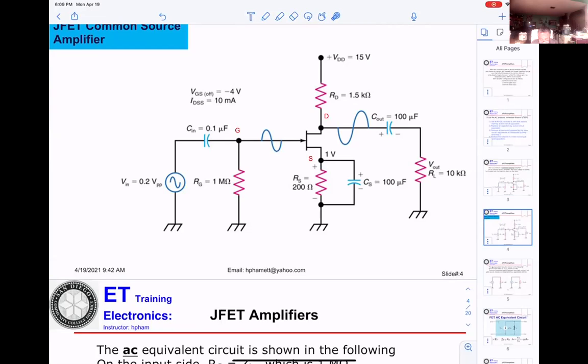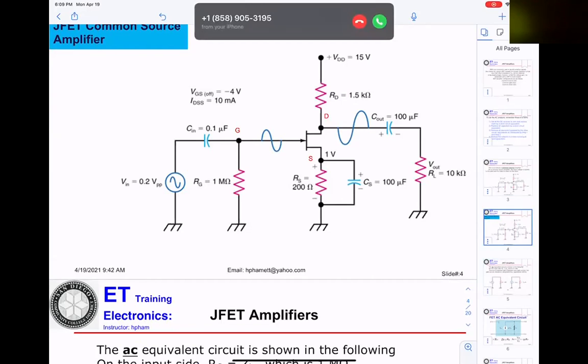And then you said that the AC signal would go around the resistor and go to ground, correct? Yeah, AC can be bypassed by the capacitor. Okay, I got that part. Now, what did you say the voltage of VD was? VD, from drain to ground.